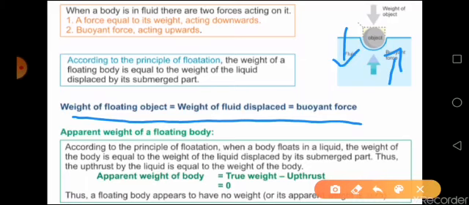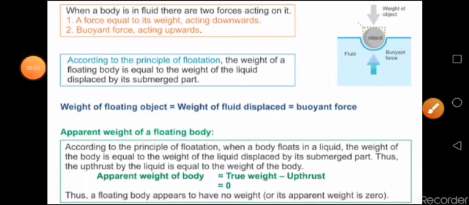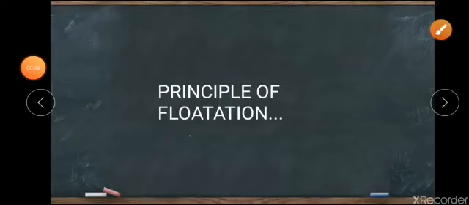Or in short, you can say that the apparent weight of a floating body is equal to 0. That point is very important. The apparent weight of a floating body is equal to 0, and that is why a floating body appears to have no weight or seems to be weightless. This is all about the principle of flotation.